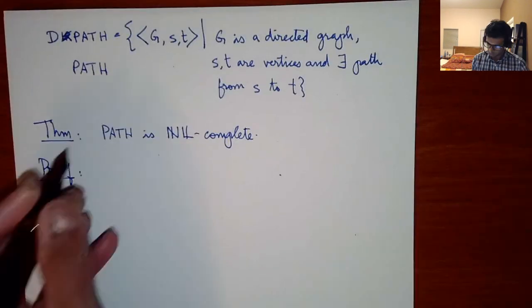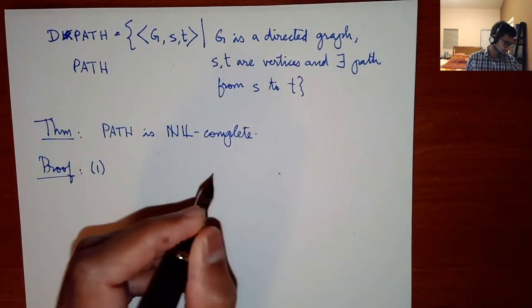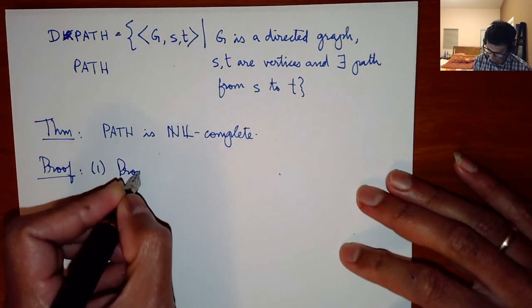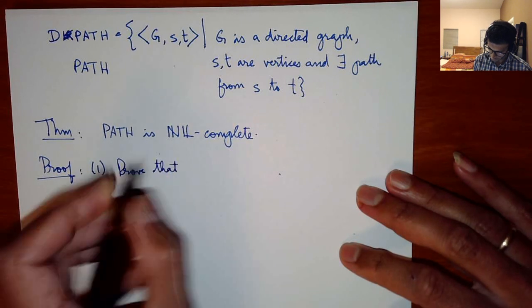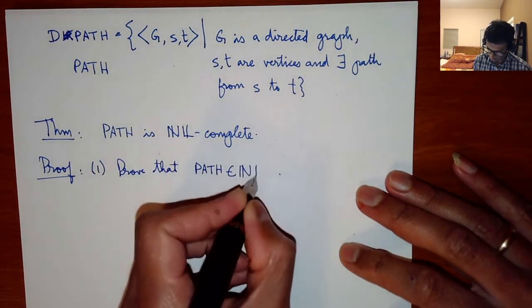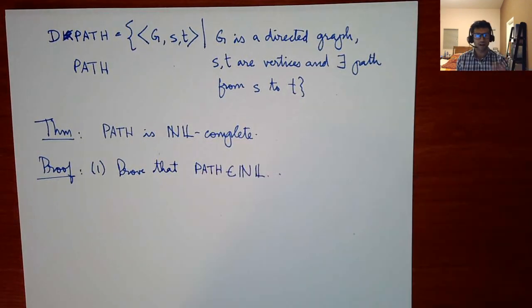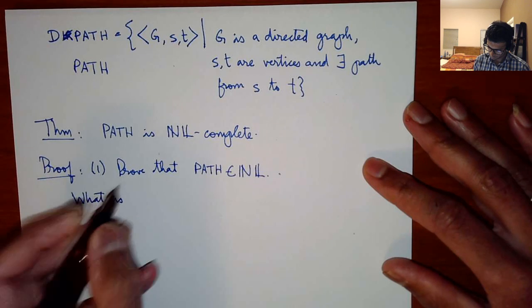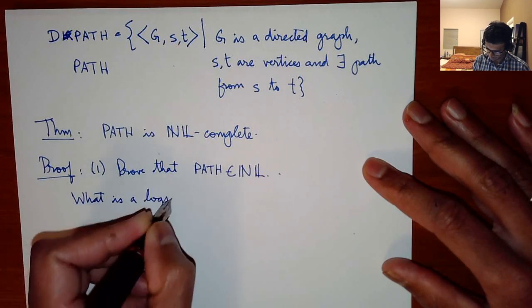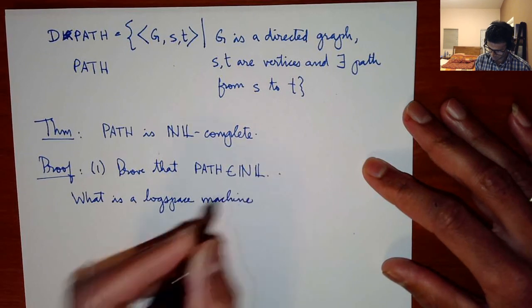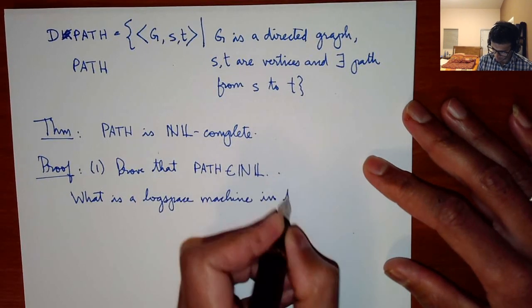Okay, so let's prove the first part. Prove that path is in NL. So let's try to understand what a log space machine is in the context of graph algorithms.